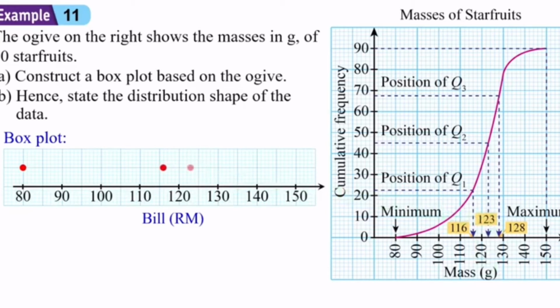Okay, after we label 123 for the median, we need to label the third quartile, which is 128. So we will go to the box plot and find 8 boxes from 120, or you can say 2 boxes to the left of 130, that is 128.